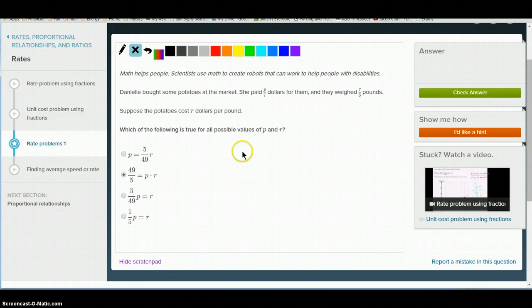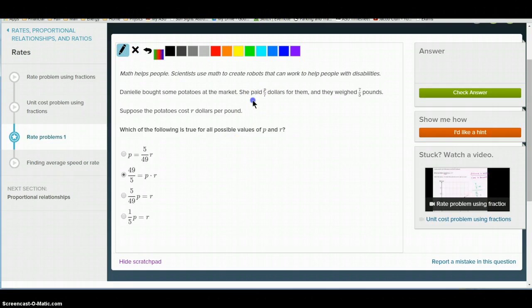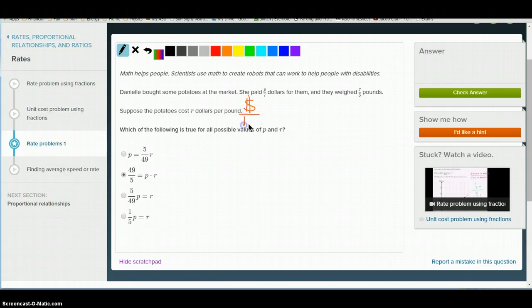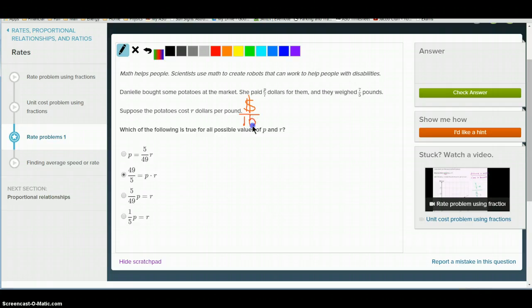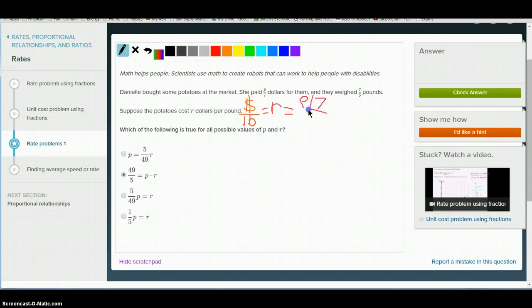So what we're looking for is the price per pound. So we'll go over here, dollars per pound, and that equals R. So R is the price per pound, and she paid P over 7 for them, so we're going to put P over 7 on top for the dollars.